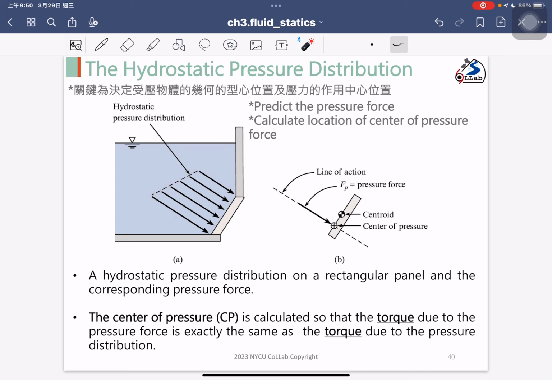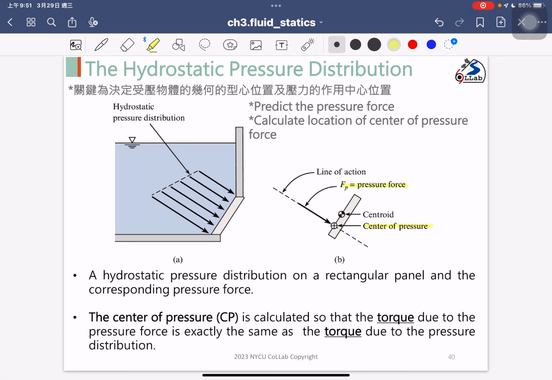When we put the panel into the water, the critical information still focuses on two parameters. The first one is the pressure force, how large the magnitude of the pressure force is. And the second, we want to know where the center of the pressure is.